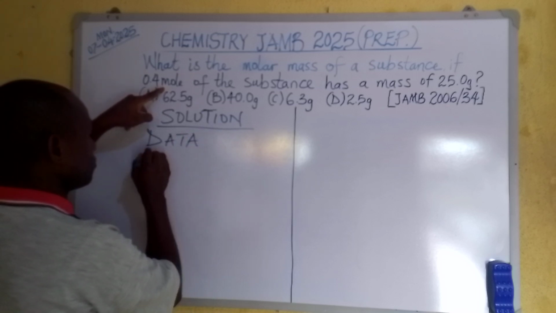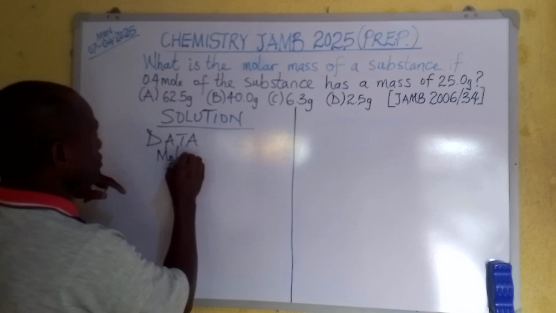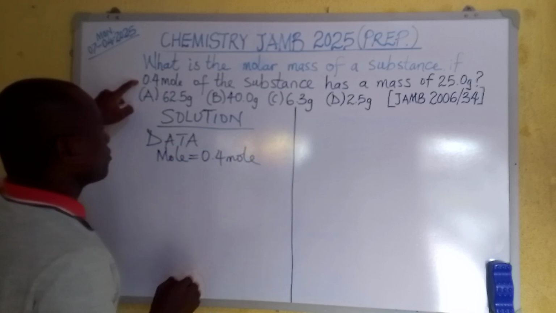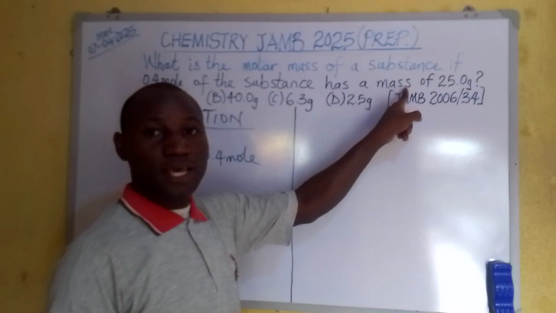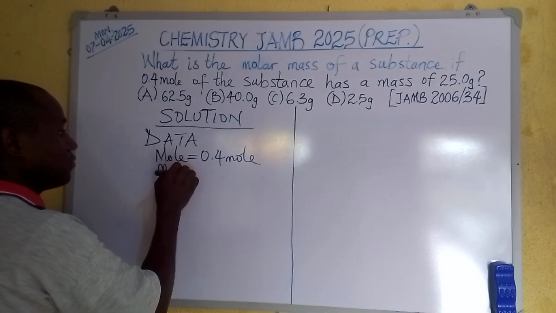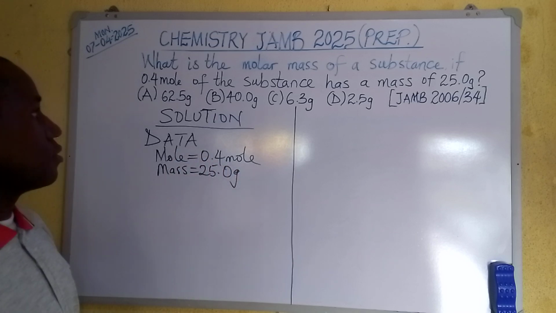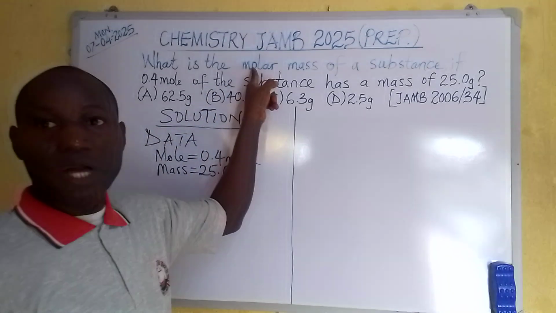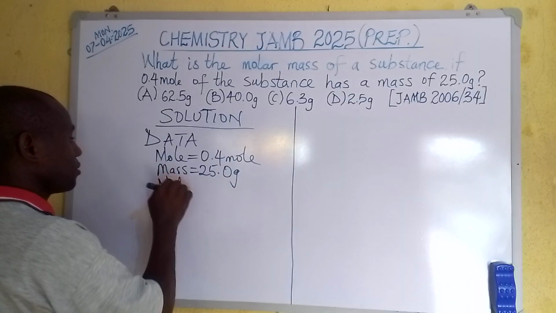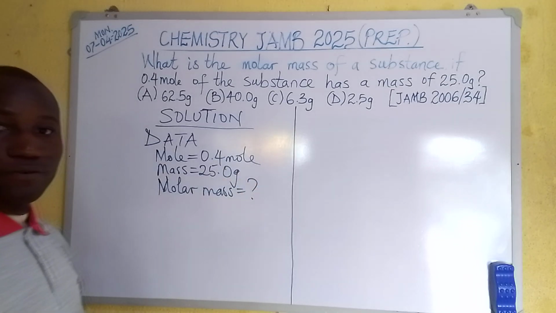Mole is equal to 0.4 mole, and the next data is the mass, which is given as 25.0 grams. Now we are asked to calculate the molar mass of that substance. So molar mass is what we are looking for.